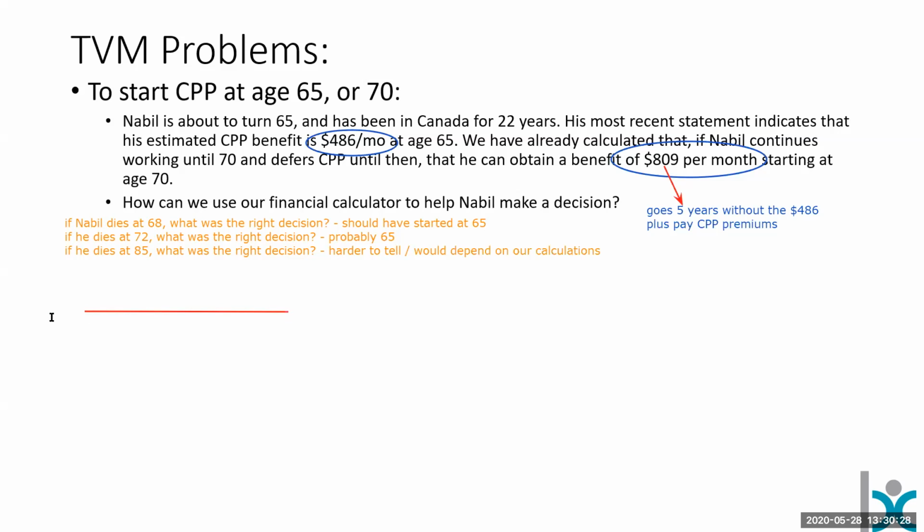Okay, so we can look at age 65. What else could I put on this line? $486 a month. Okay, so we can do this to age 85, 20 years out. That's right.